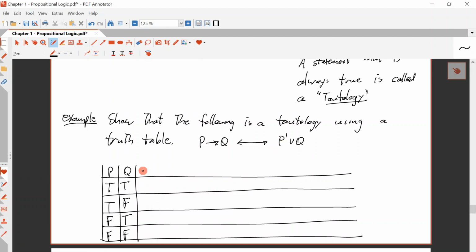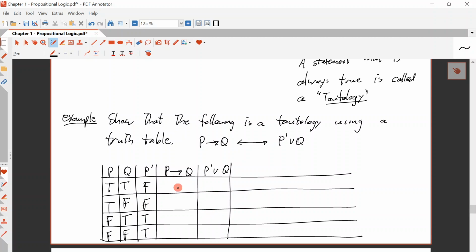So we've got not P, which by operator precedence is evaluated before anything else. So not P is false, false, true, true. And then P implies Q and not P or Q would be evaluated second and third.